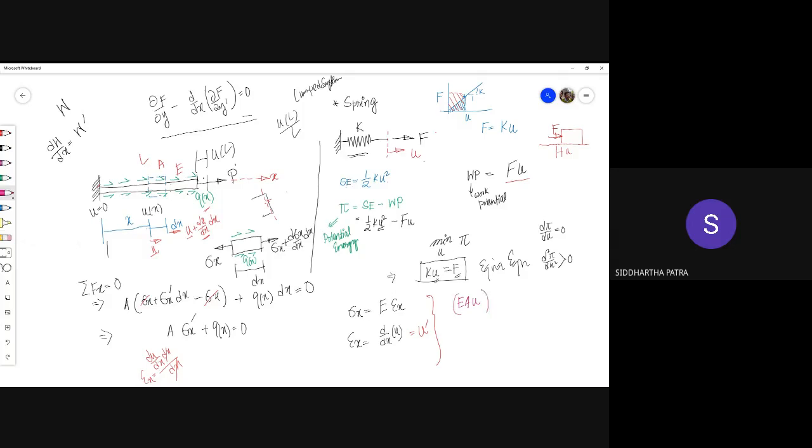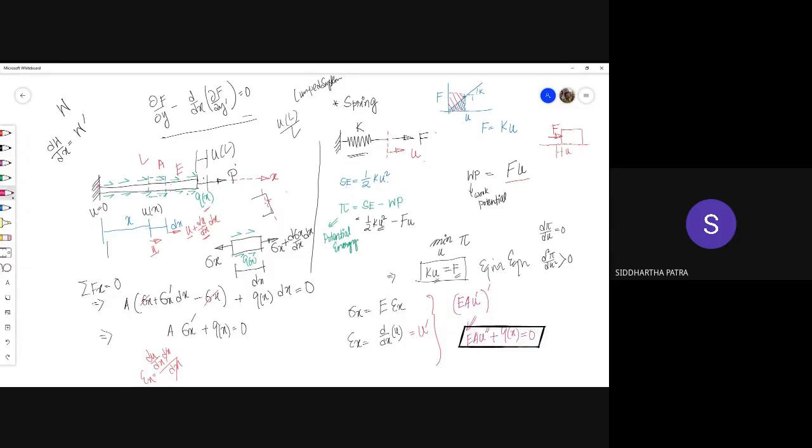It would be something like this: EA u prime whole prime. That means you take derivative of u, multiply with E and A, and then for the whole quantity take a derivative. But that basically means EA u double prime, when everything else is constant, plus q of x equals 0, and that is the differential equation or the equilibrium equation for the one-dimensional bar.